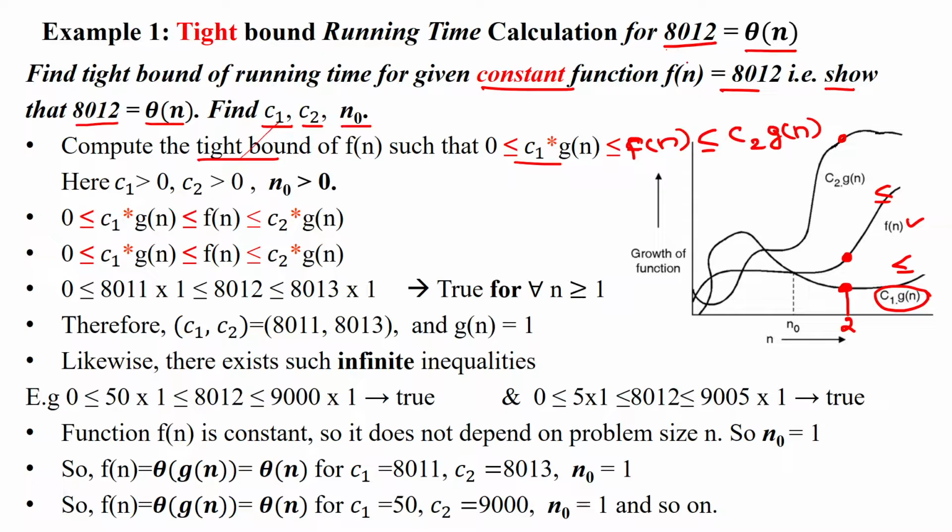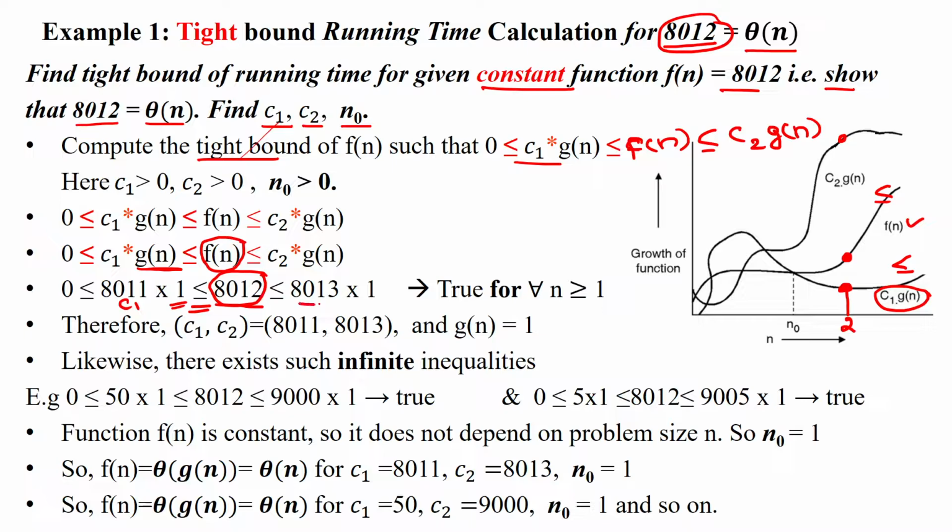So here f of n is already given, the constant function 8012. So f of n is substituted in this location: f of n is 8012. Then for C1, I am taking a smaller number than the given f of n. F of n is 8012, so I am taking the smaller number. Here the function is constant, so I am taking the constant function 1.